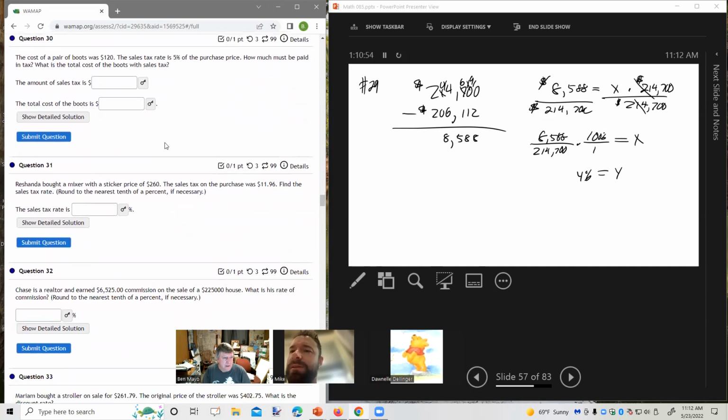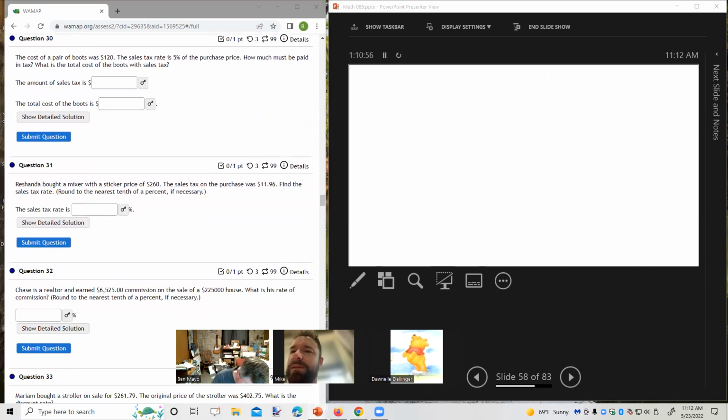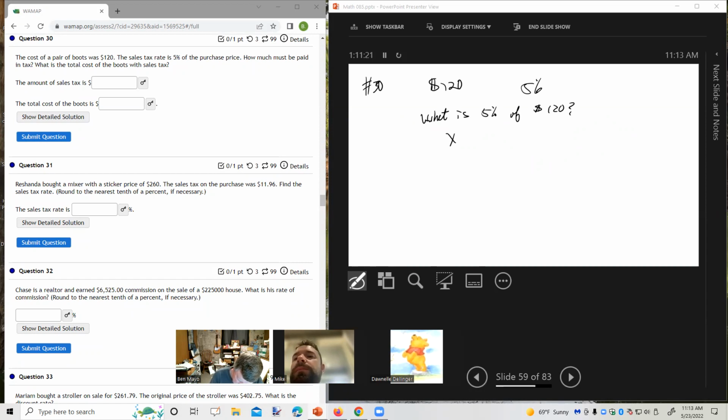All right, let's take a look at number 30. The cost of a pair of boots is $120. The sales tax rate is 5%. How much must be paid in tax? So what is 5% of $120? X equals 0.05 times $120. Okay.